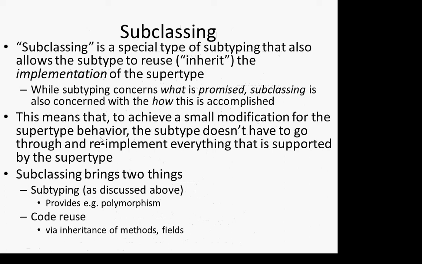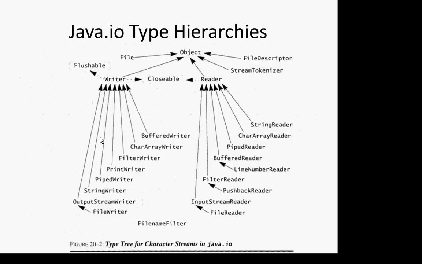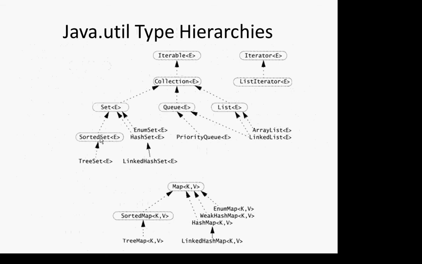So if class A is a subclass of class B, how is that different from subtyping? Well, actually, sorry. Maybe before I say this, there's another feature that comes out of these type hierarchies. The fact that I can treat a sorted set like a set, and a set like a collection, and that like an iterable.